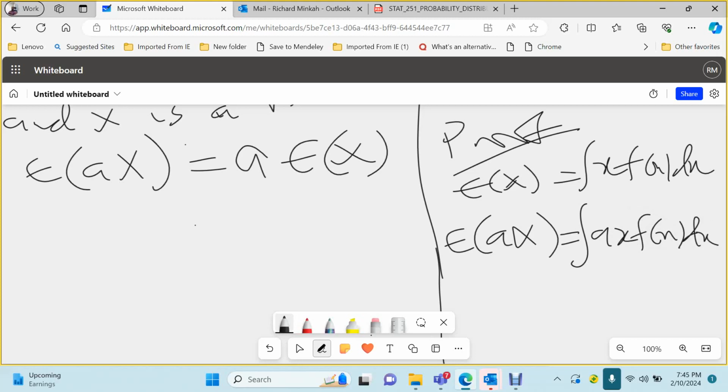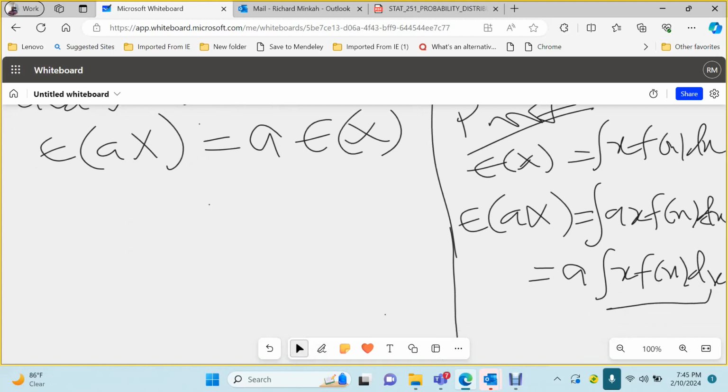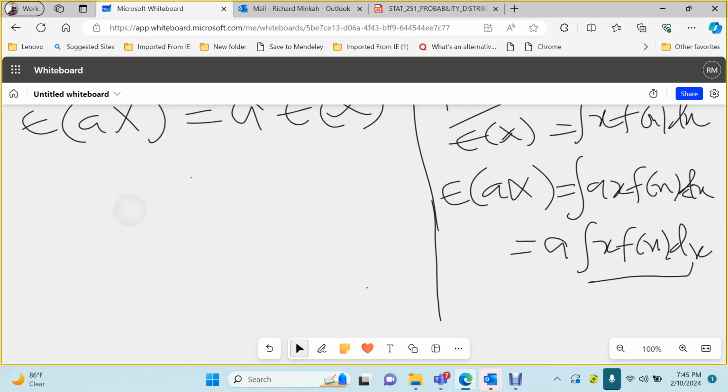Do you agree? Now, because A is a constant, we can bring it outside the integral. Then we have this. And what is this? It's the same as the expectation of X, right? So it means that we get A times the expected value of X. Okay. So three. Any question?